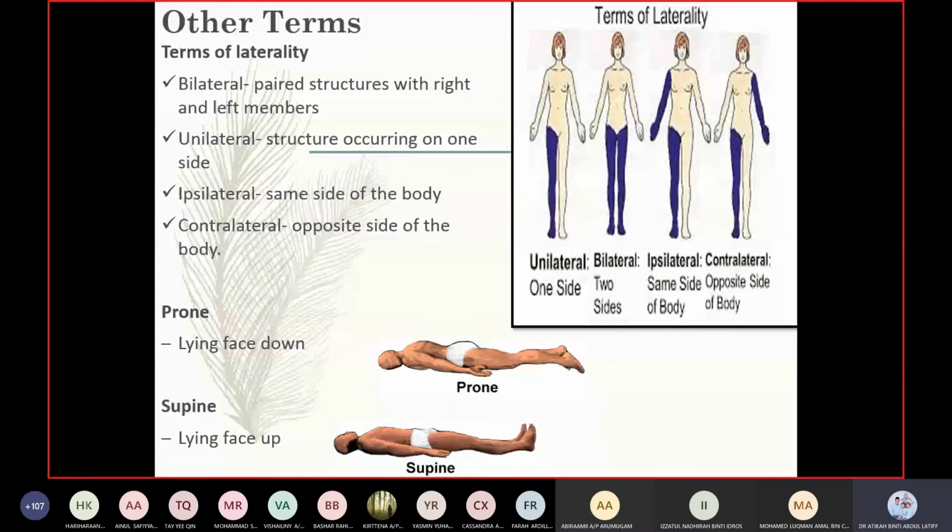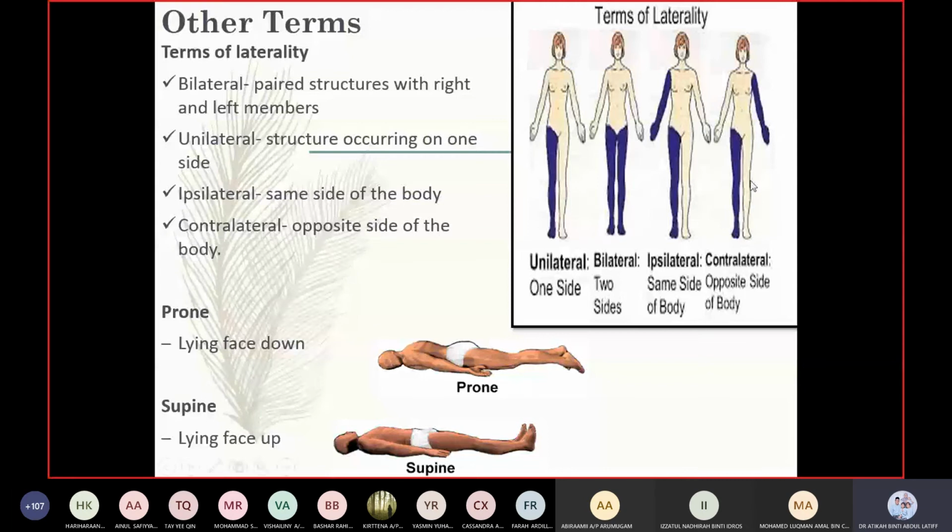Other terms are for laterality. For example, say the patient has a stroke. You can use these terms of laterality to describe which parts of the body are involved or have the weakness.